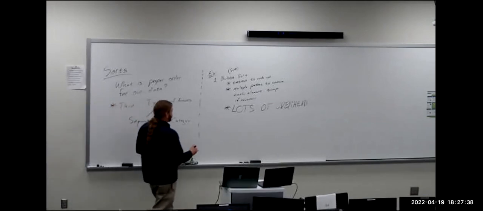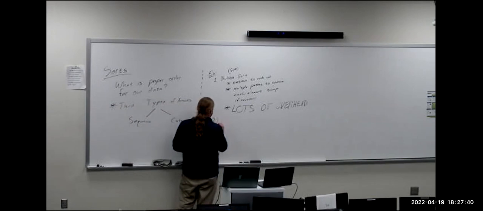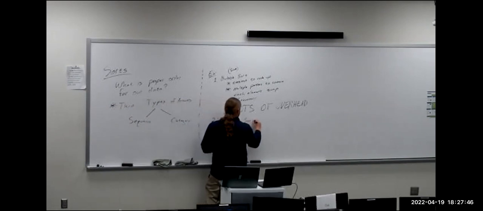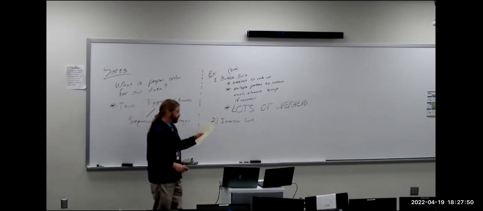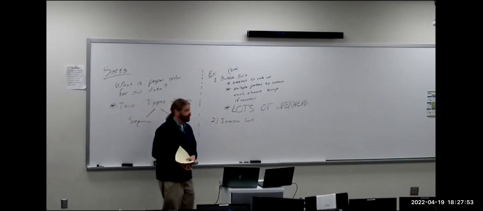The other one I was going to look at in our example is insertion sort. This is: scan through and look for something not in order and put it where it goes.